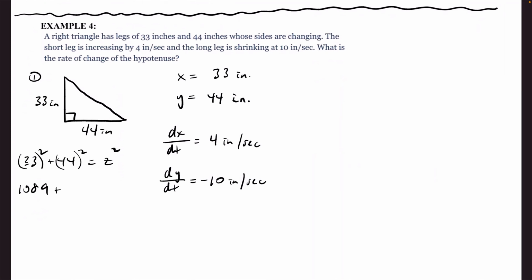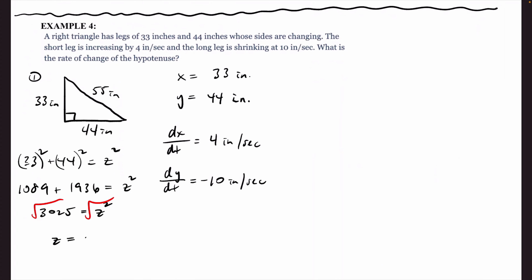44 squared is 1,936. If I add those two together, I get 3,025, which is z squared. If I take the square root, it's going to be plus or minus 55, but I'm only going to use the plus since it's just a length.